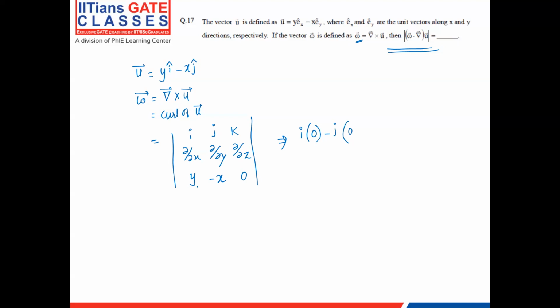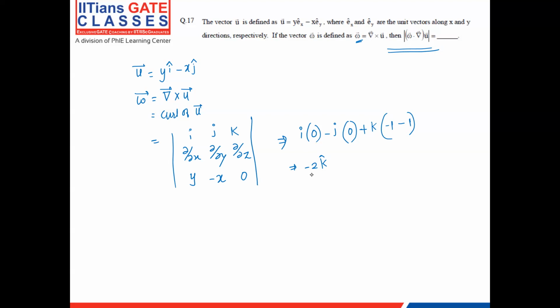Differentiation of y with respect to z is again 0. 0j plus k times what we'll get is differentiation of x with respect to x is 1, minus differentiation of y with respect to y is -1. So it is minus 2k cap. Yeah, this is what we'll get.